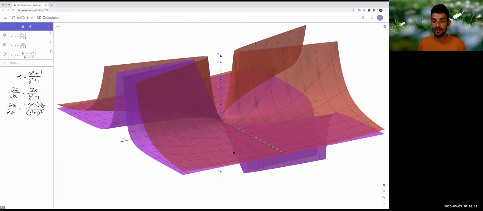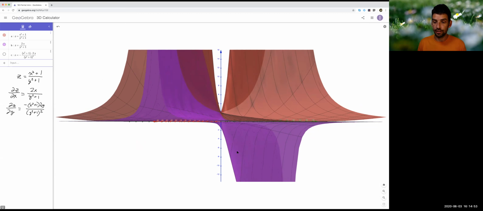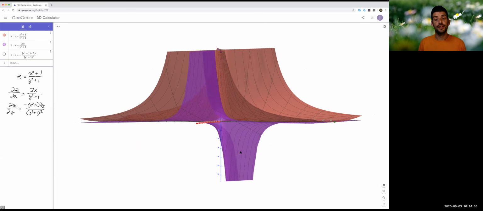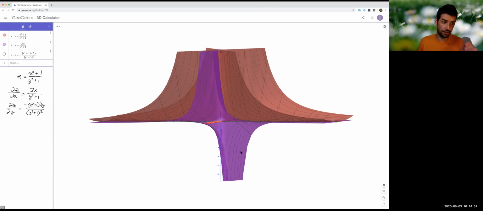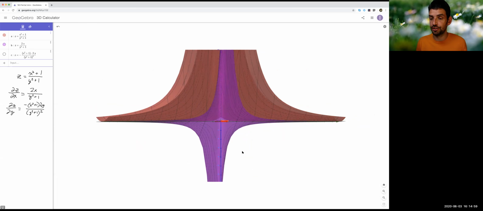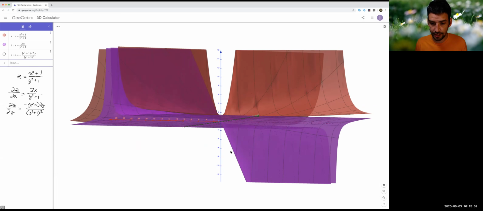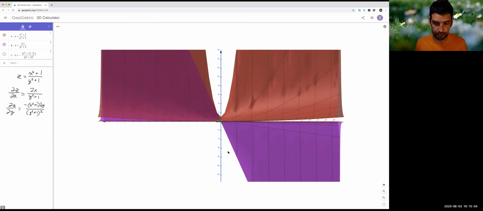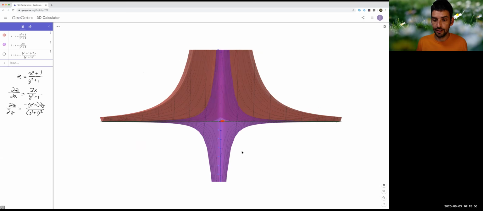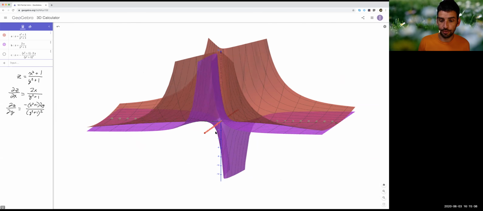We would expect the slope to be getting closer and closer to 0, so the partial with respect to x, there's almost no change there. And you can see this purple graph is very close to 0 there, right? It gets very high as we get close to the x-axis in the positive direction, very low as we get close to the x-axis in the negative direction, but very close to 0 out here on the edges, which matches with the shape of this.